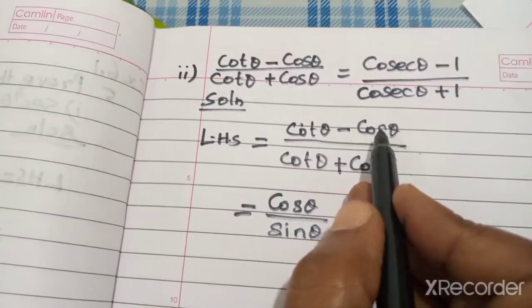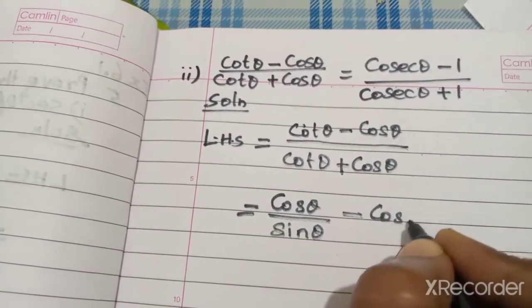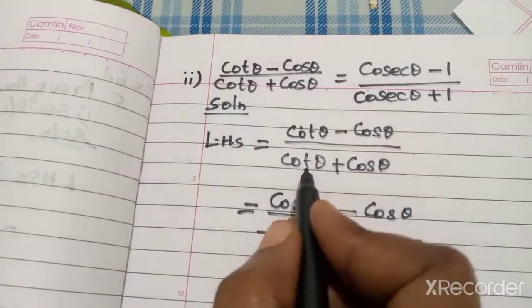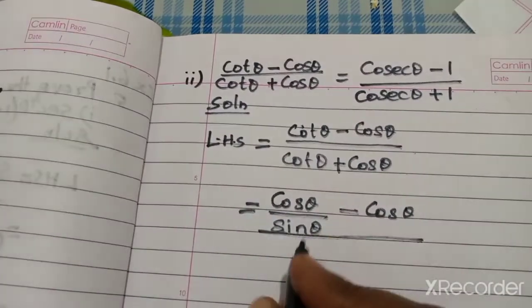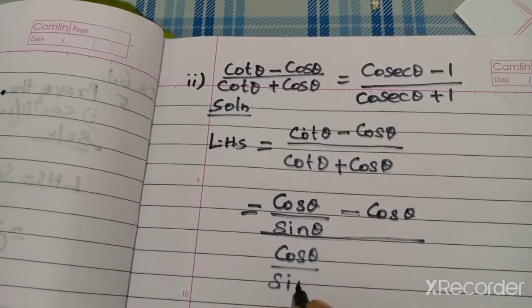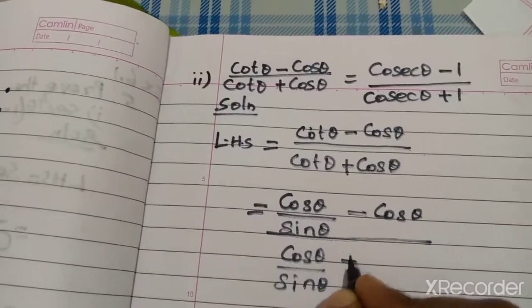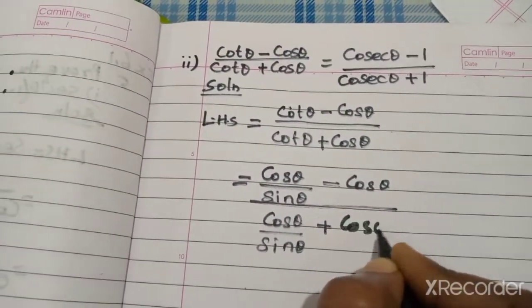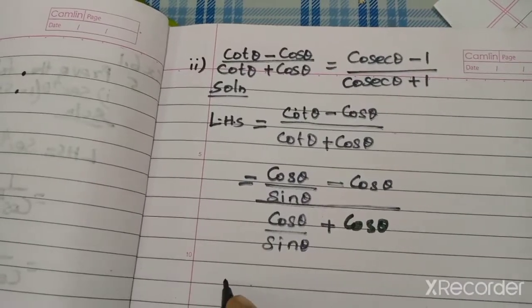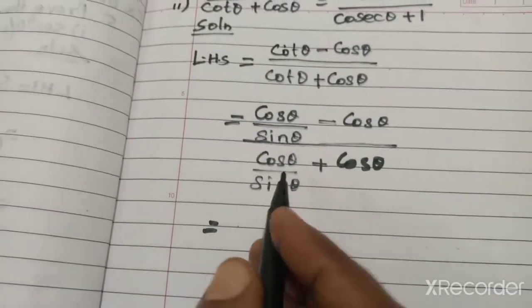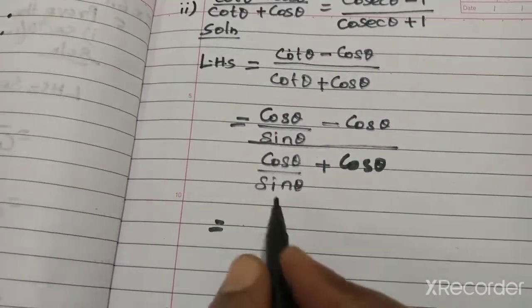It is in cos ratio only as it is, right, cos theta divided by denominator. Also this cot ratio, let us change it into cos by sin: cos theta by sin theta plus cos theta, which is equal to, now take the LCM of the denominator and numerator, okay.